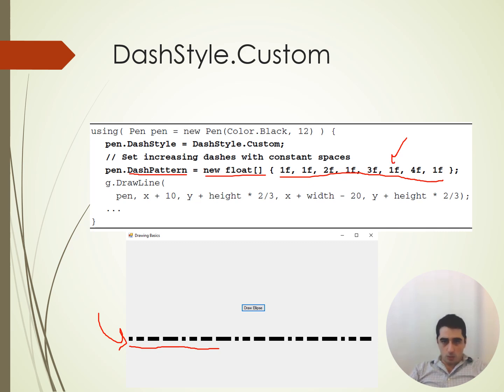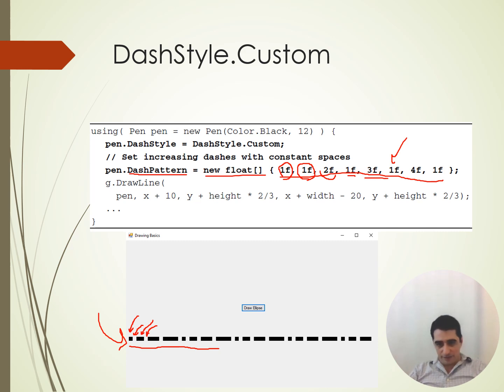First, I store one in this float array. That means I have one unit of width, followed by the other one, which is going to be the space, followed by the 2, which shows the width of the next dash, followed by 1, which shows the space between the current dash and the next dash.